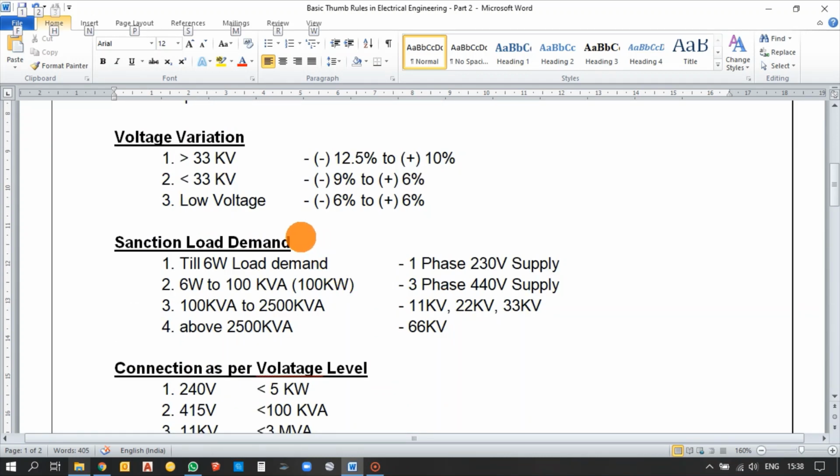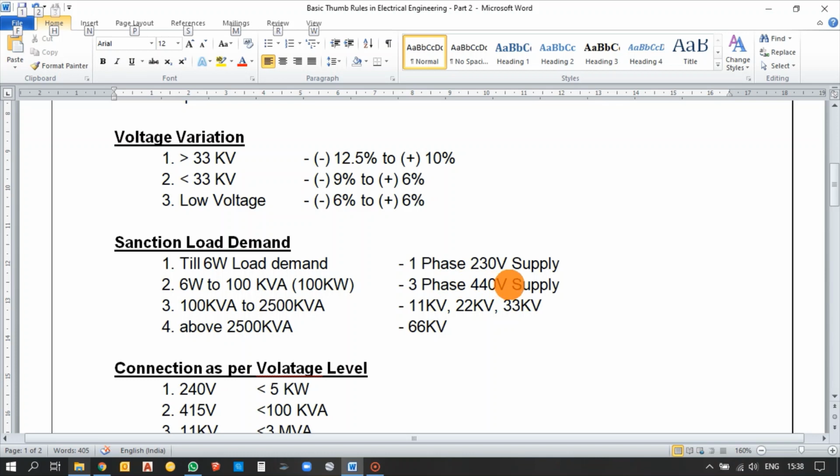And sanction load demand. Sanction load demand in the sense is the maximum demand you can have. In case you have a 6 kilowatt load demand, you can use single phase 230 volt supply. In case you have a load of 6 kW to 100 kVA or 100 kW, you can use 3 phase 440 volt system.